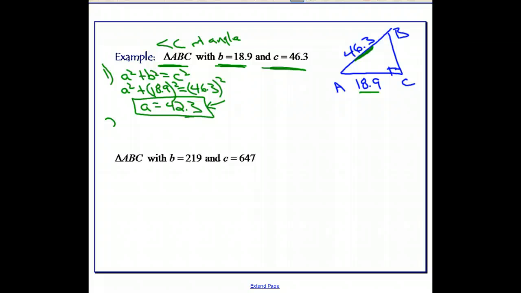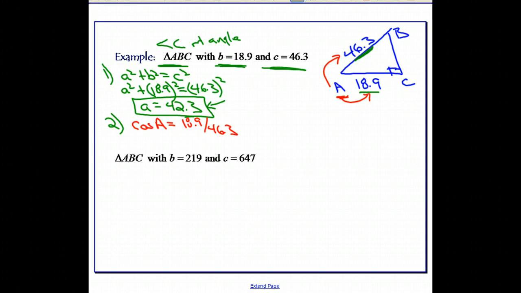So I would prefer to find angle A, and that's kind of arbitrary, but I prefer to find angle A using this side and this side, the two given sides. And to do that, it's not hard. That's the adjacent, and that's the hypotenuse. So I'm going to go with the cosine of A. And I've got the adjacent, 18.9, all over 46.3.